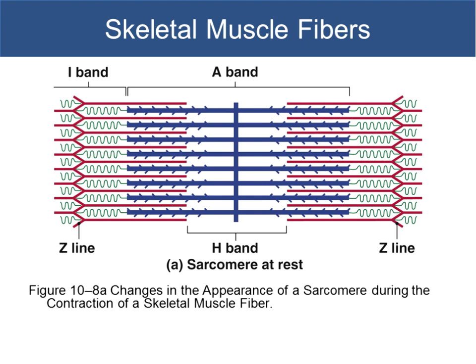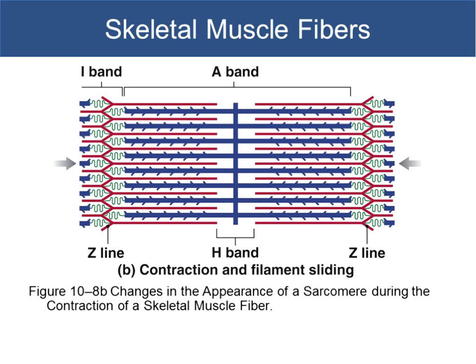So what we would look for: we have our A band and we have our I band. These Z lines are going to come closer together when the thick filaments pull the thin filaments in towards the M line, or the center. So the sarcomere shortens. Resting, contracting. Resting, contracting.